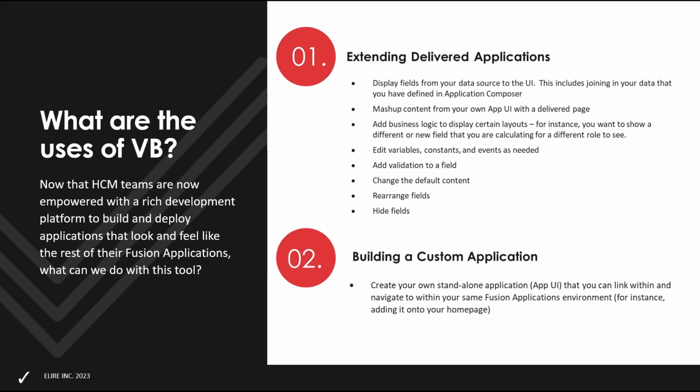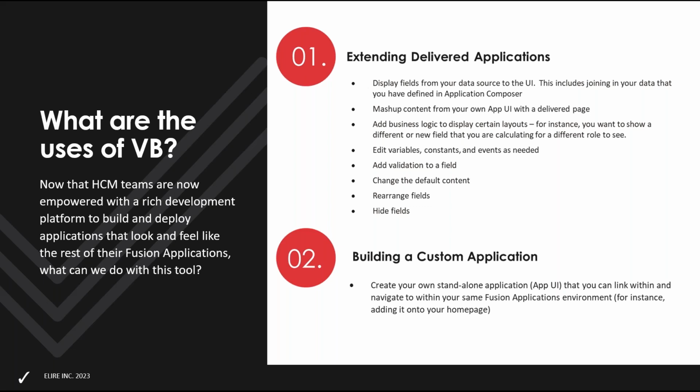So what are the uses of Visual Builder for HCM teams? One of the big ones is extending delivered pages, such as Connections or Journeys. So changing the fields that are displayed, rearranging fields, or changing headings could be done in Visual Builder Studio on the already delivered application pages.